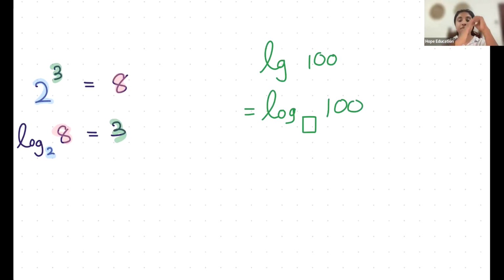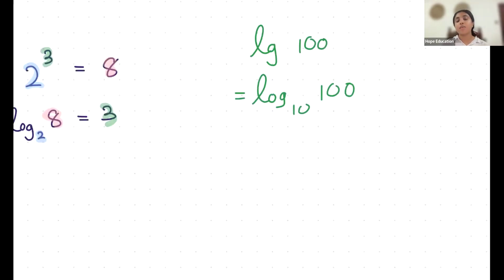It's actually 10. Okay, එක මතක තියාගන්න. LG means log 10. Log to the base 10 කියන එක තමයි shorten කරලා අපි LG කියලා ලියන්නේ.